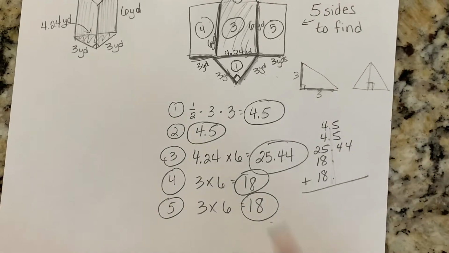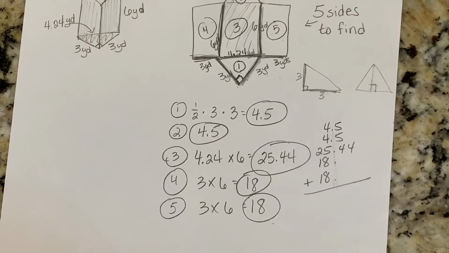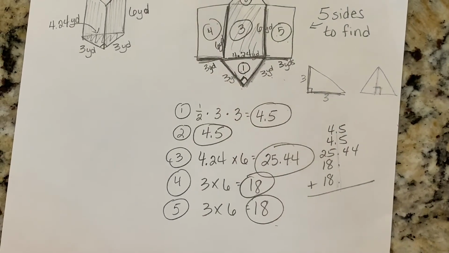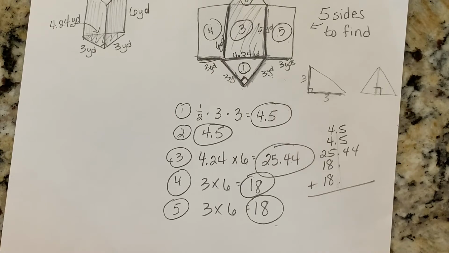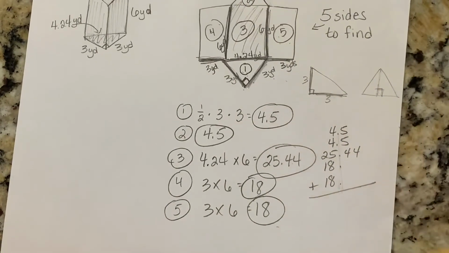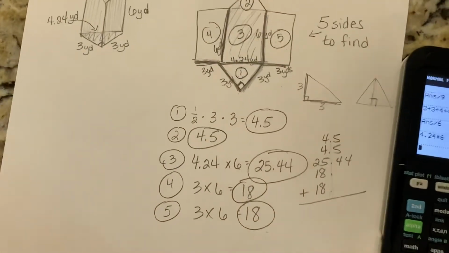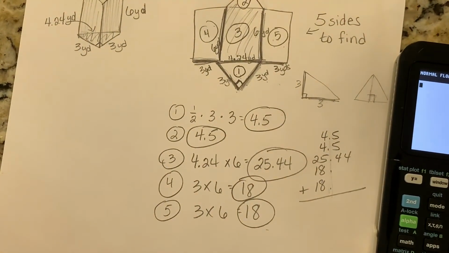Don't forget to do that. So once you add all that up, the answer I have on my sheet is a little off because I gave you a different decimal rounding. So let me add that real quick.